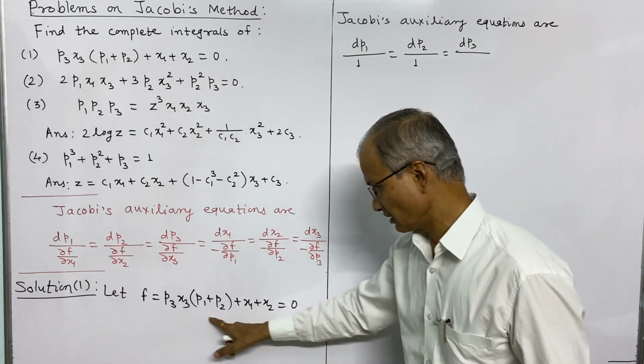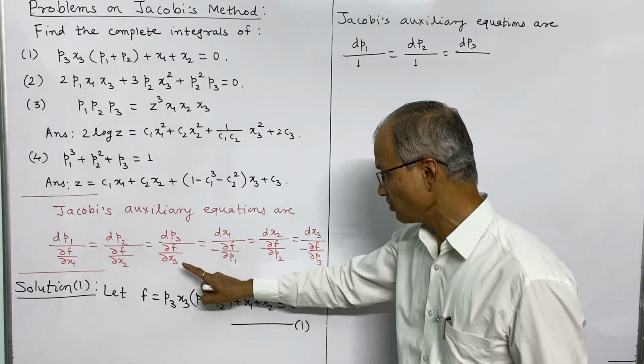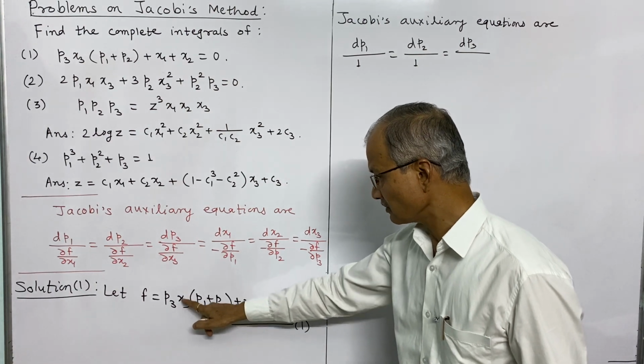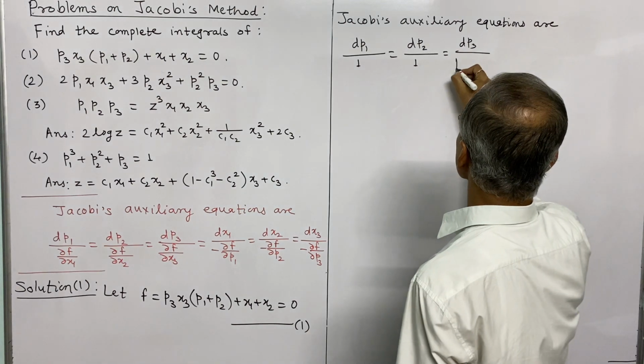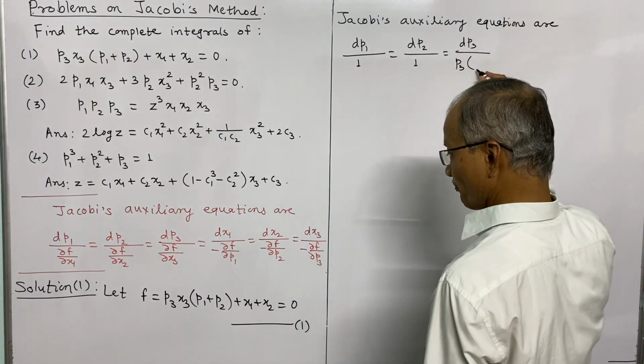And dp3 divided by partial derivative of f with respect to x3. Now x3 is in this term and its derivative with respect to x3 is 1, but this is the coefficient. So that derivative is p3 into p1 plus p2.